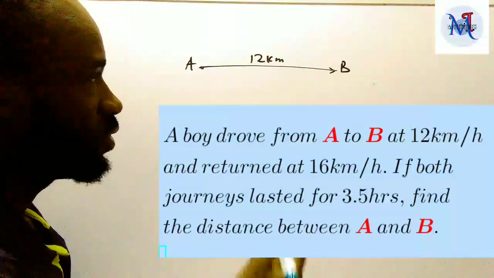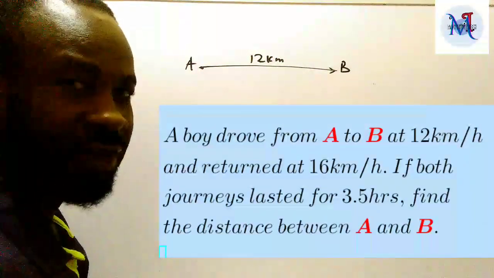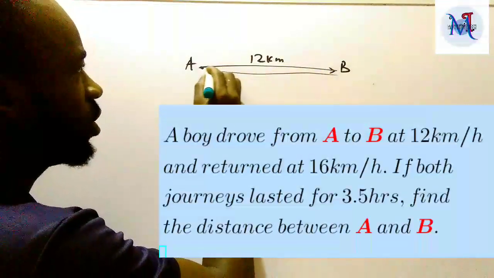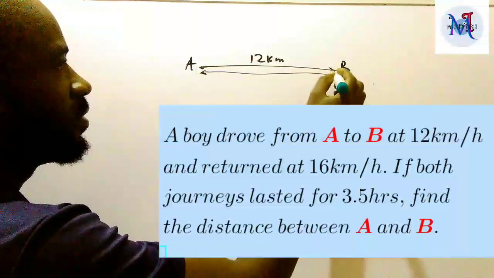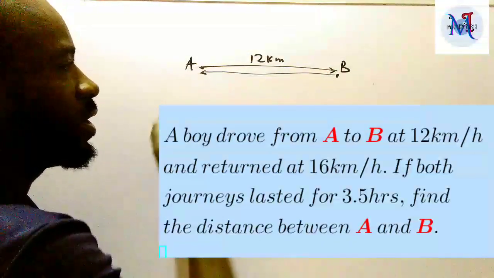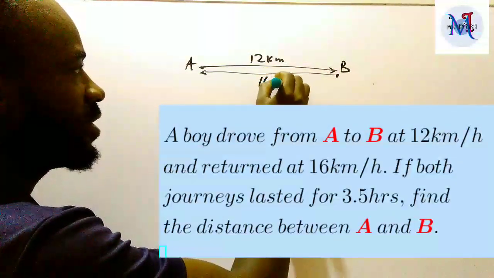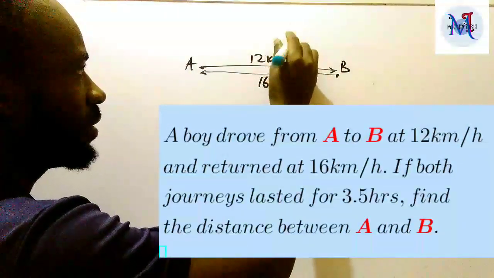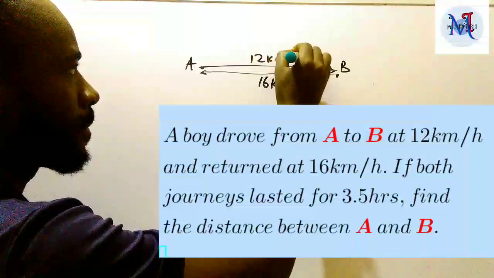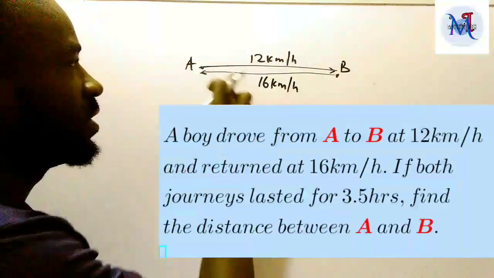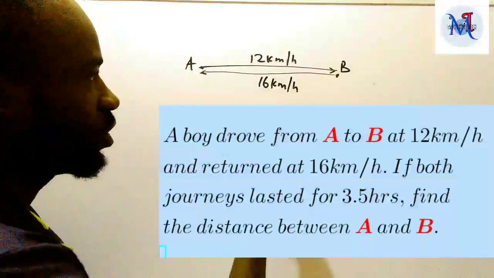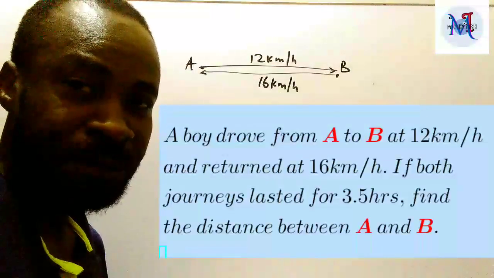Okay, so this is the first journey, and then this same boy had a return journey from B to A at 16 km per hour. Now this is the first journey, this is the returning journey. The returning journey is 16 km per hour.